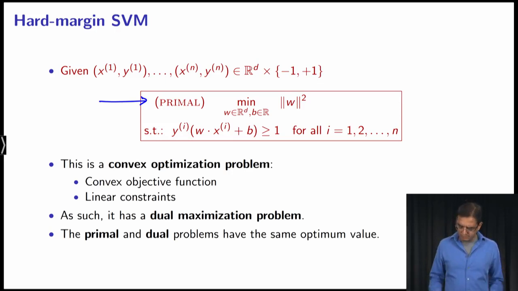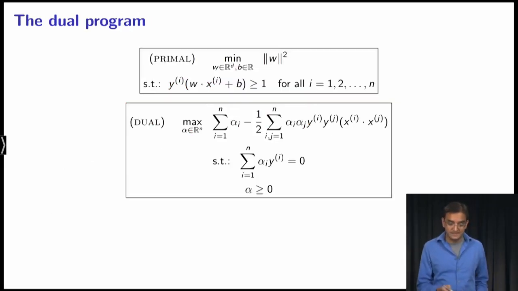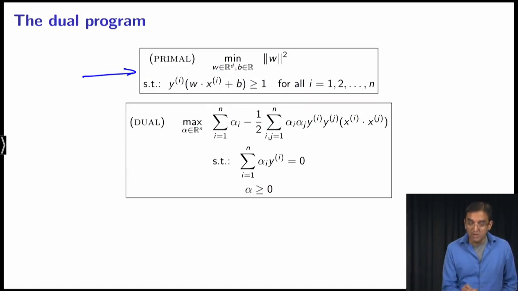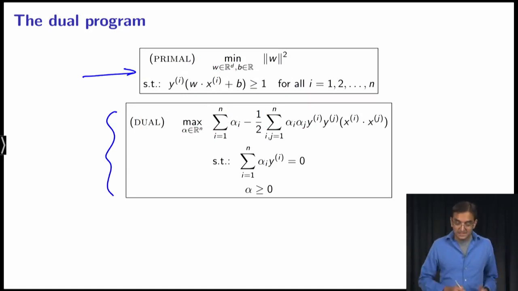Okay, so what is this dual problem? Here it is. This is the original primal problem that we just saw, and this is the dual. What exactly is this doing? Well, it now has a different set of variables. It's not solving for W and B, it's solving for alphas, alpha 1 through alpha n, and these are the same alphas that we saw in the case of the perceptron.